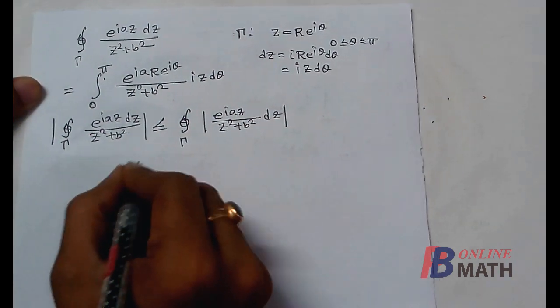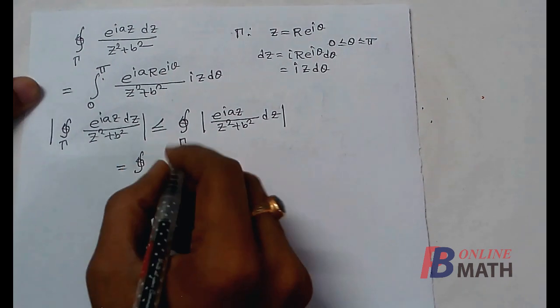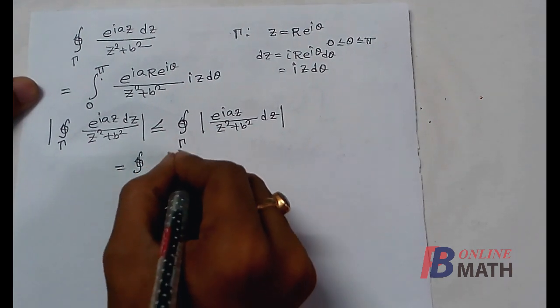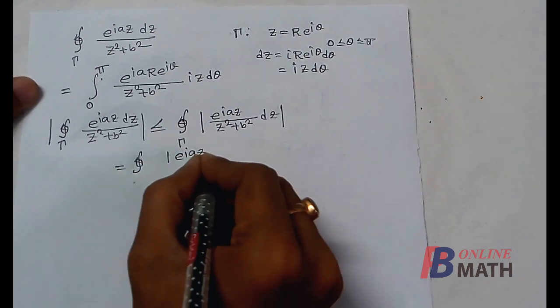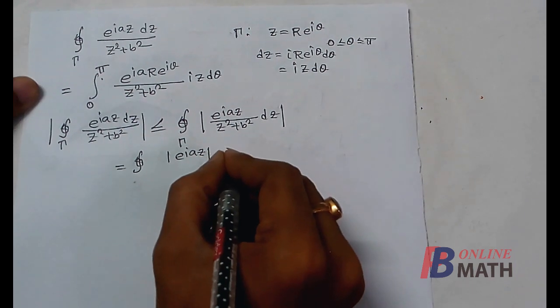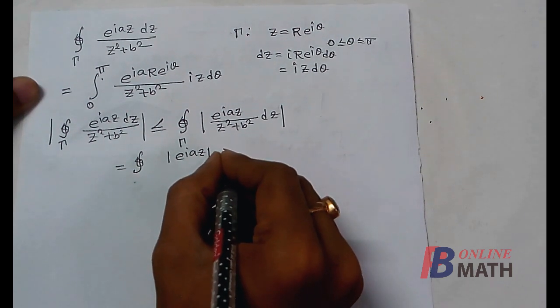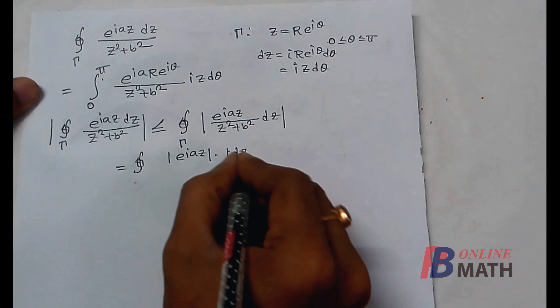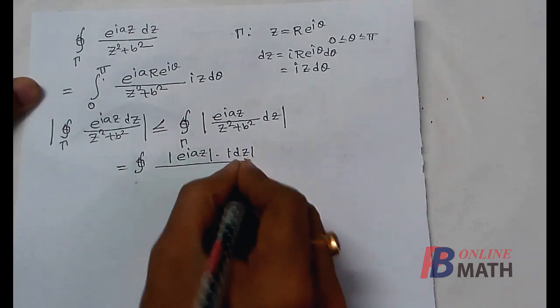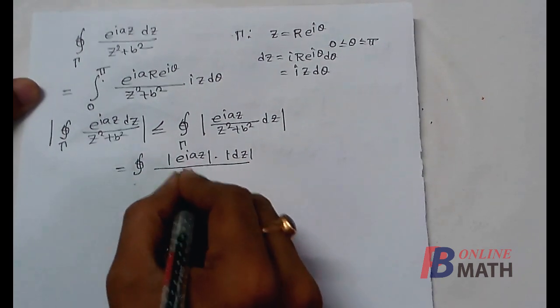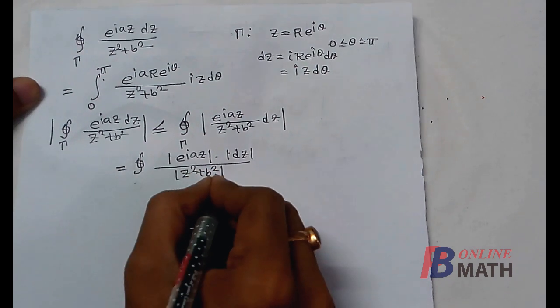Now which is equal to the integral of modulus e to the power iaz, modulus of dz divided by modulus z square plus b square.